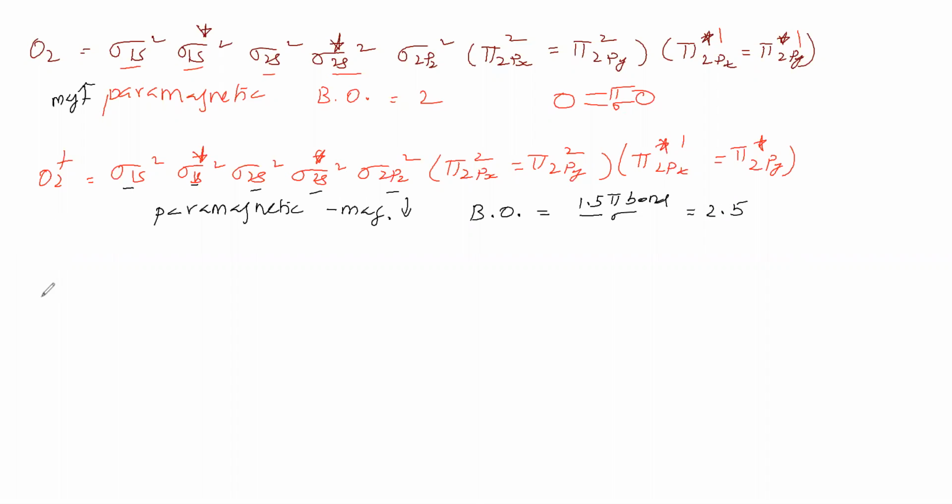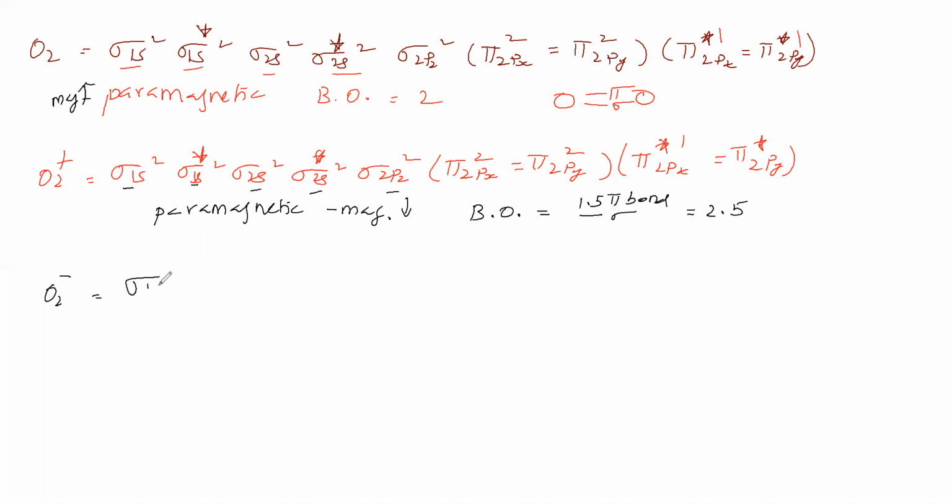Next we will take O2 minus, which is called superoxide. To O2, we add one electron and get O2 minus.